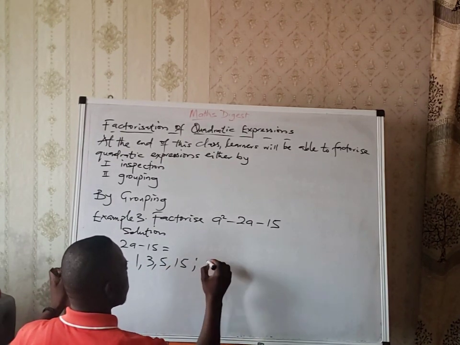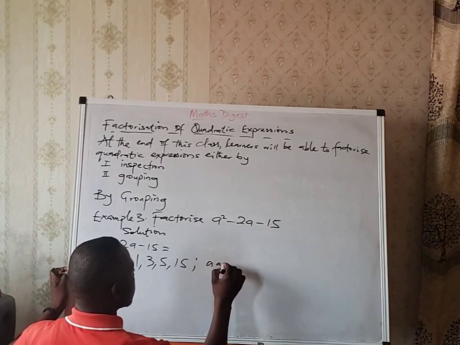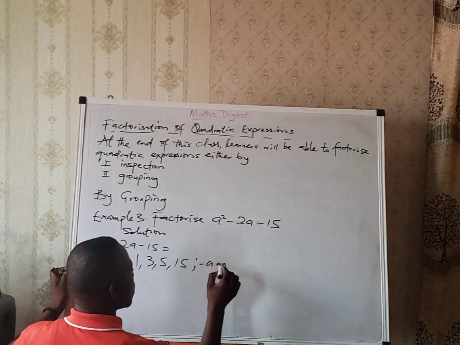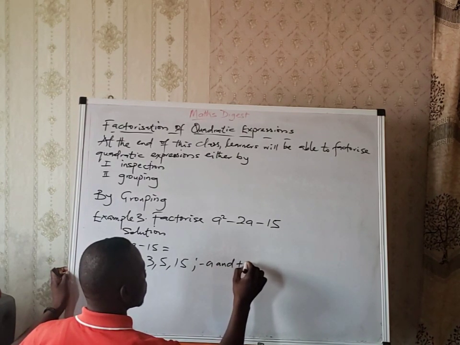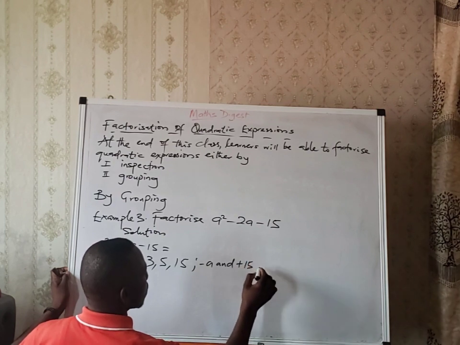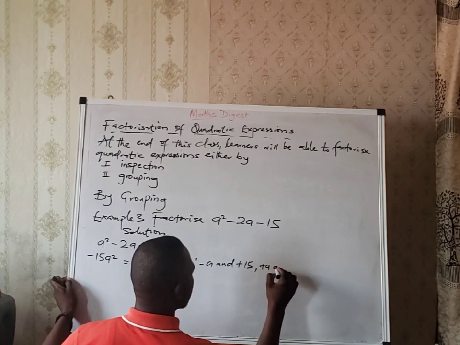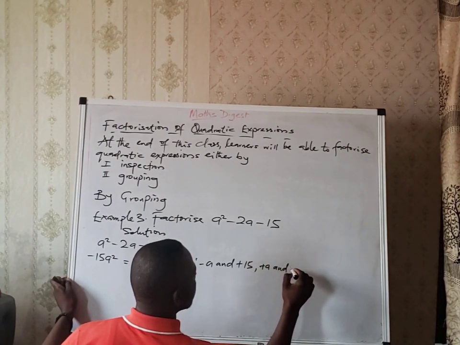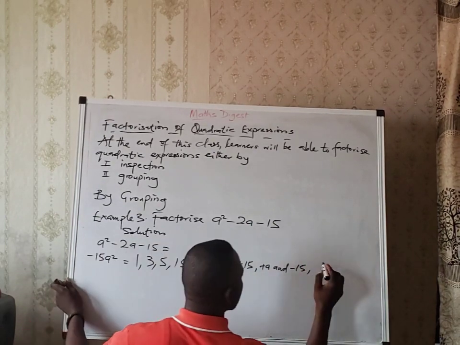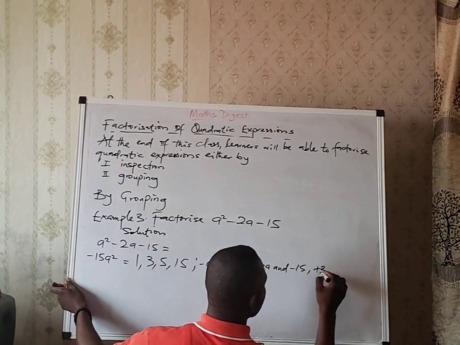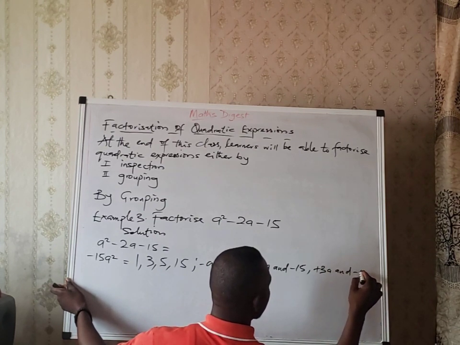We have minus a and plus 15, and we have plus a and minus 15. We equally have plus 3a and minus 5a.